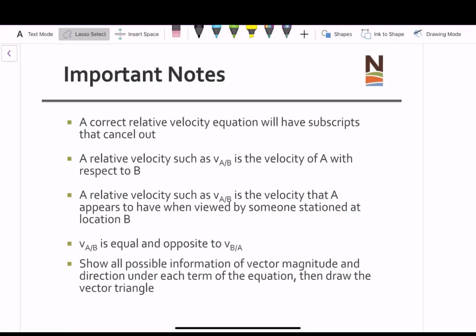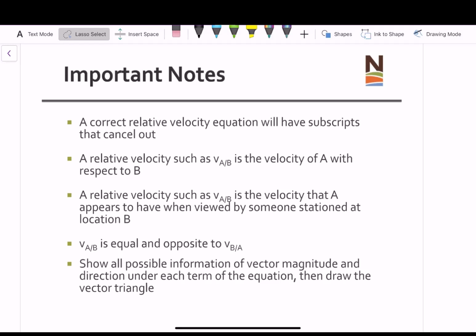Okay, some important notes when completing these problems. First, a correct relative velocity equation will have subscripts that cancel out. So remember that on the right-hand side of the equation, if you were to multiply the subscripts together, they would cancel out such that the left-hand side equals the right-hand side.